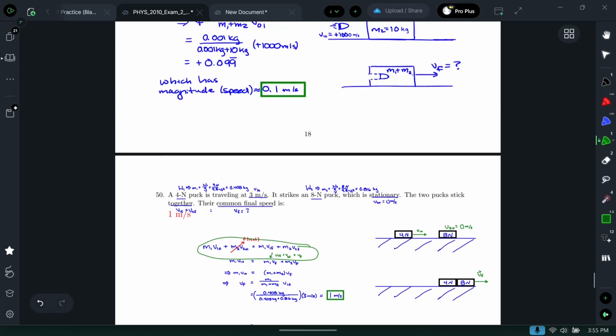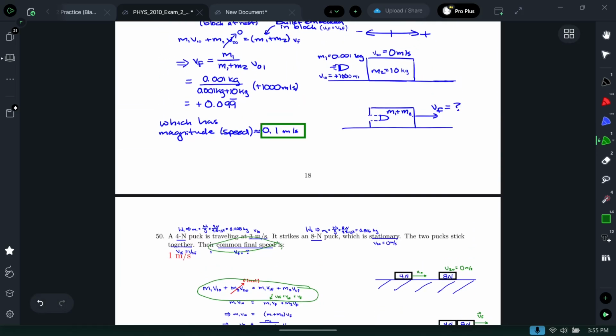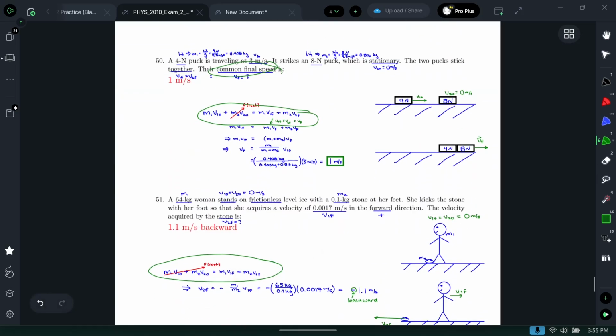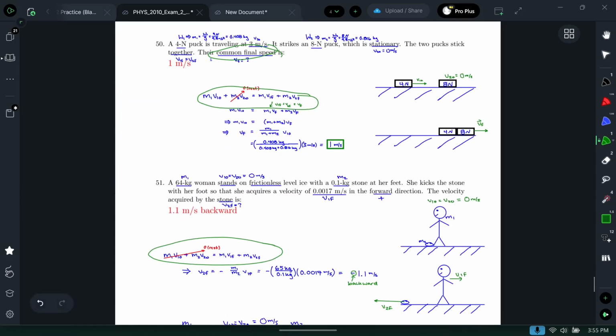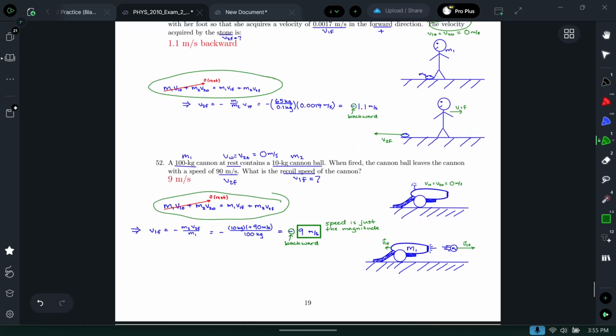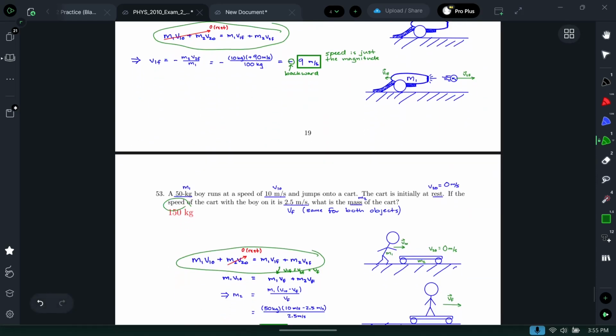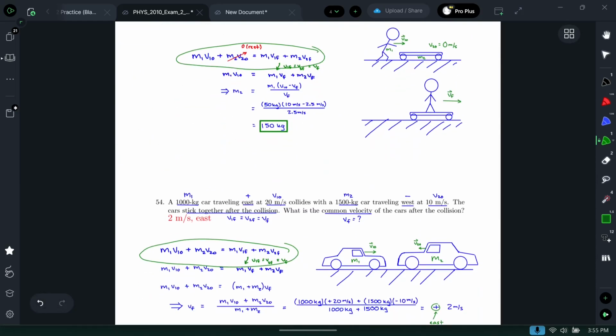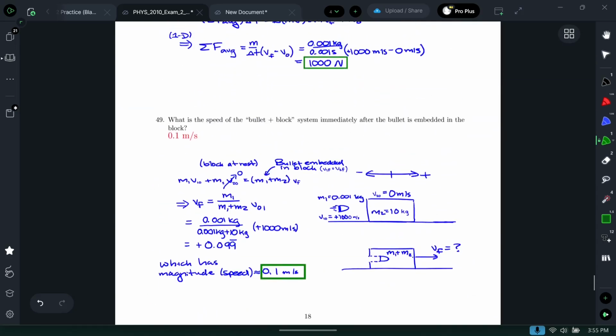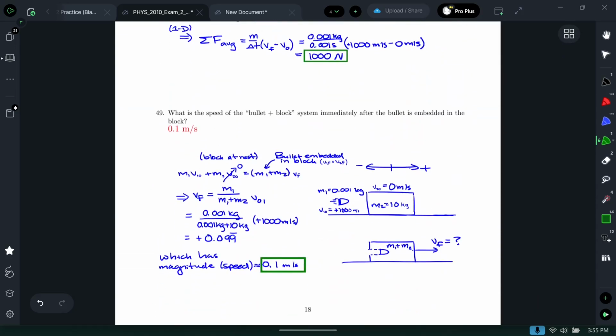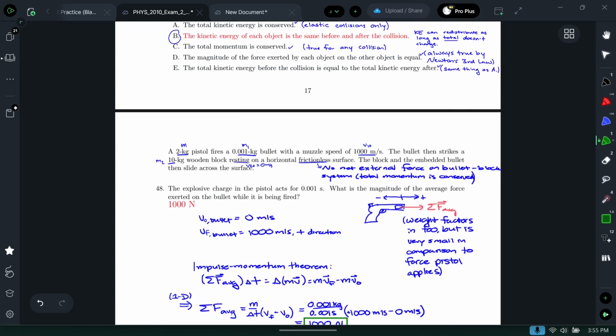Now, instead of being asked about speeds, which is typically what's going on here, so what is the velocity of something? Right? Almost always speeds or velocities, stuff like that. The thing that is a little bit different is when they ask about force.